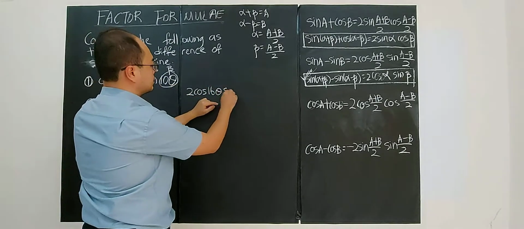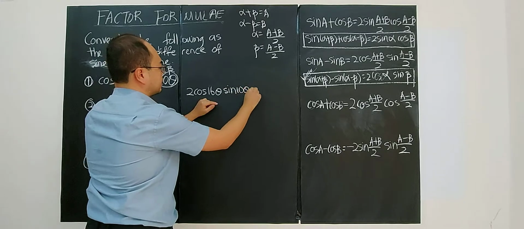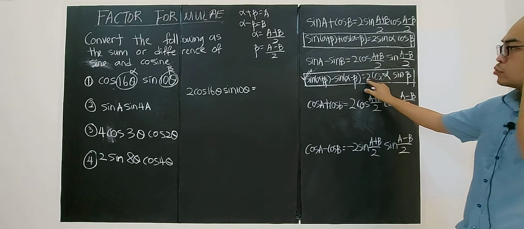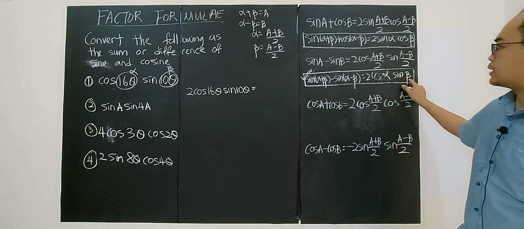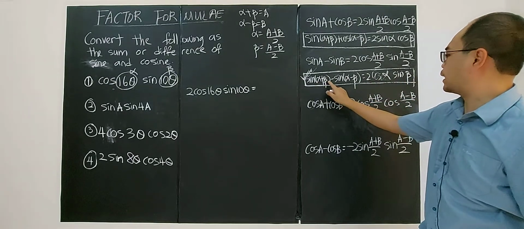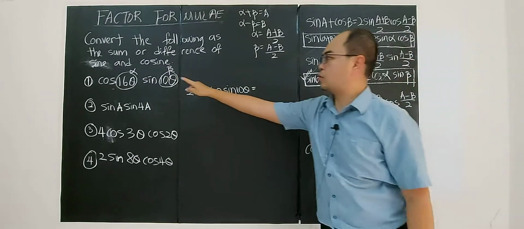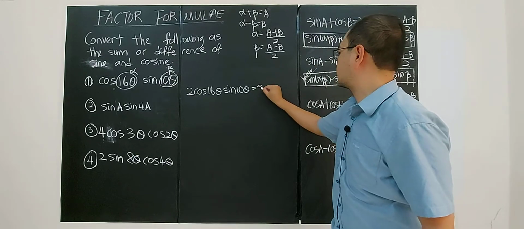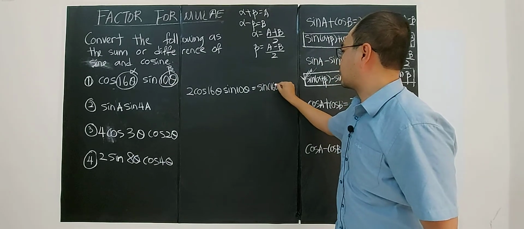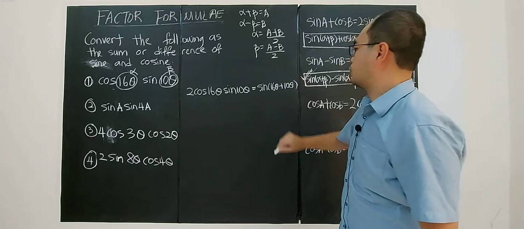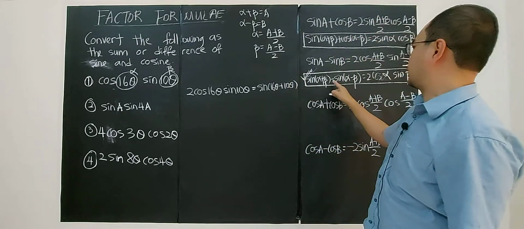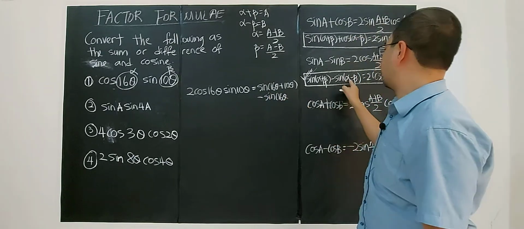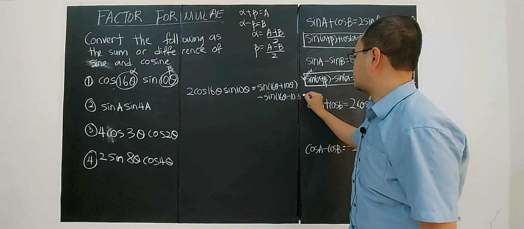Cos 16 theta sine 10 theta equals, let's say I replace the alpha using this formula, 2, 16, and this will be 10. Of course here will be 16 plus 10, alpha plus beta, so alpha is 16 theta, beta is 10 theta. So you have sine of 16 theta plus 10 theta, minus sine of 16 theta minus 10 theta.